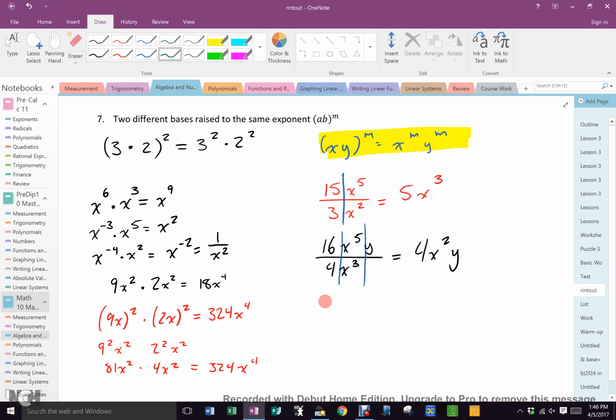Let's try 21x to the fifth, y to the fifth over 7x to the seventh, y to the third.